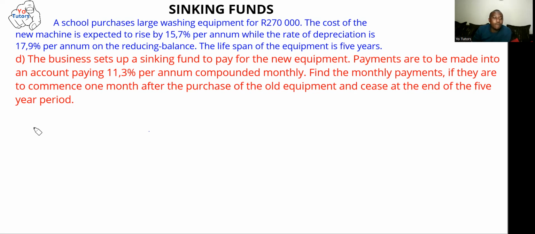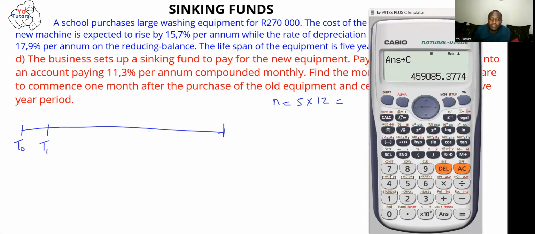Now, what do we know now? We are looking for X. So in this case here, we are dealing with future value. Since it's compounded monthly, it means that n is going to be 5 times 12. What do we get? It should be 60 there.